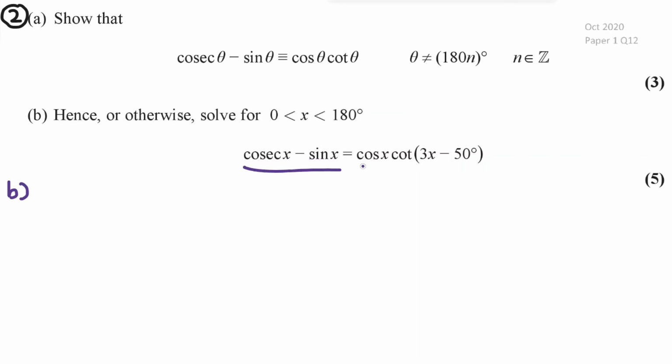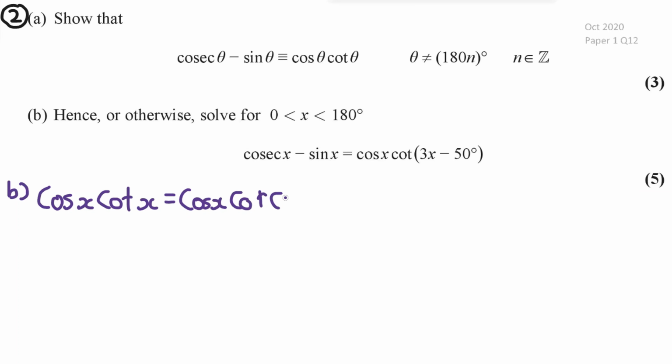And because there doesn't really seem to be any way to figure out this here, let's make this substitution. So it's going to become cos of x, and then cot of x is equal to cos x and then cot of 3x minus 50, like this.